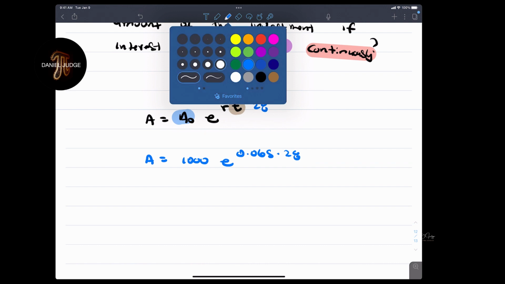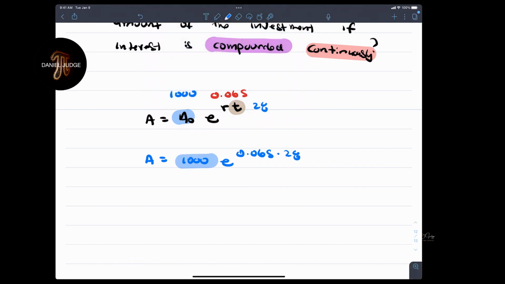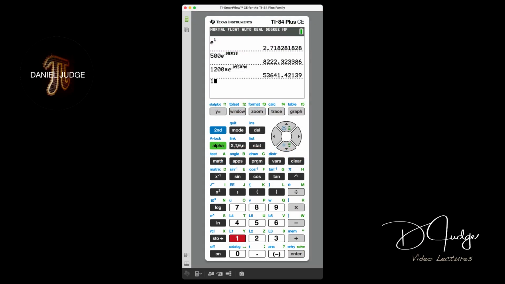So ladies and gentlemen, here goes your 1,000. This is the interest rate, and this is the time, and this is the letter E, the exponential number. So let's get those values there. Let's see what this becomes. 1,000 times E raised to the 0.065 times 28 years.